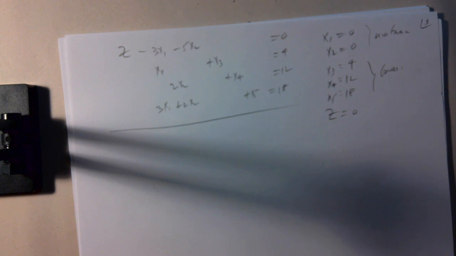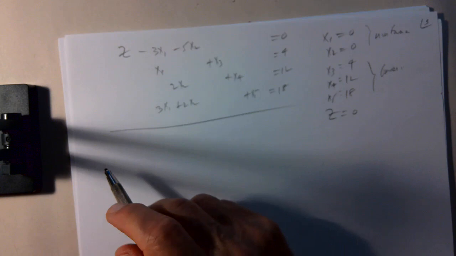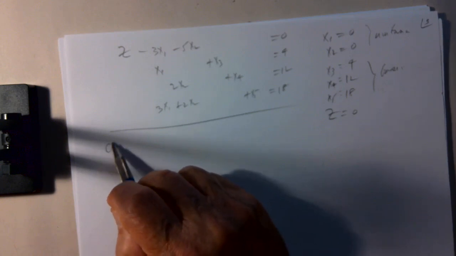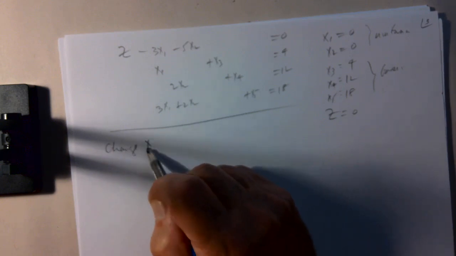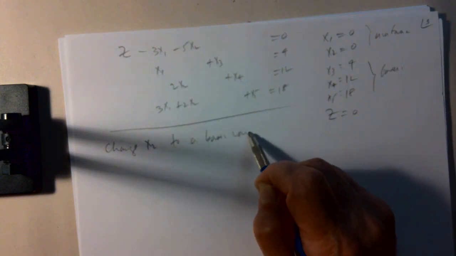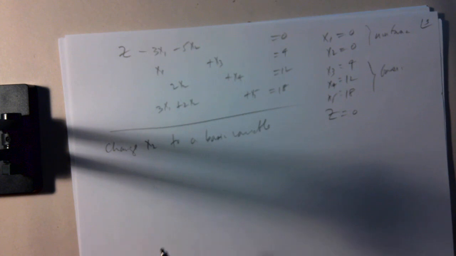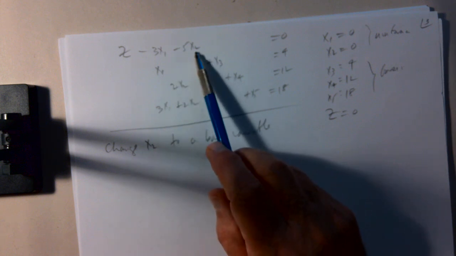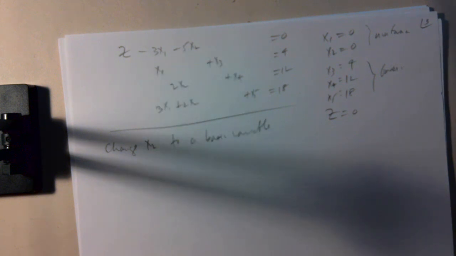This is sometimes called the entering basic variable. We want to change x2 to a basic variable, and the larger we make x2, the larger z will be.